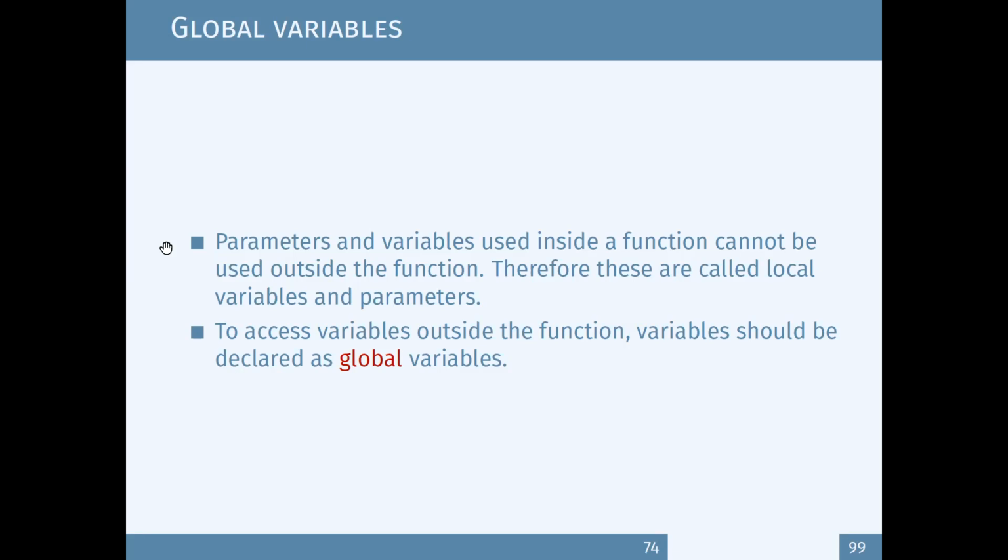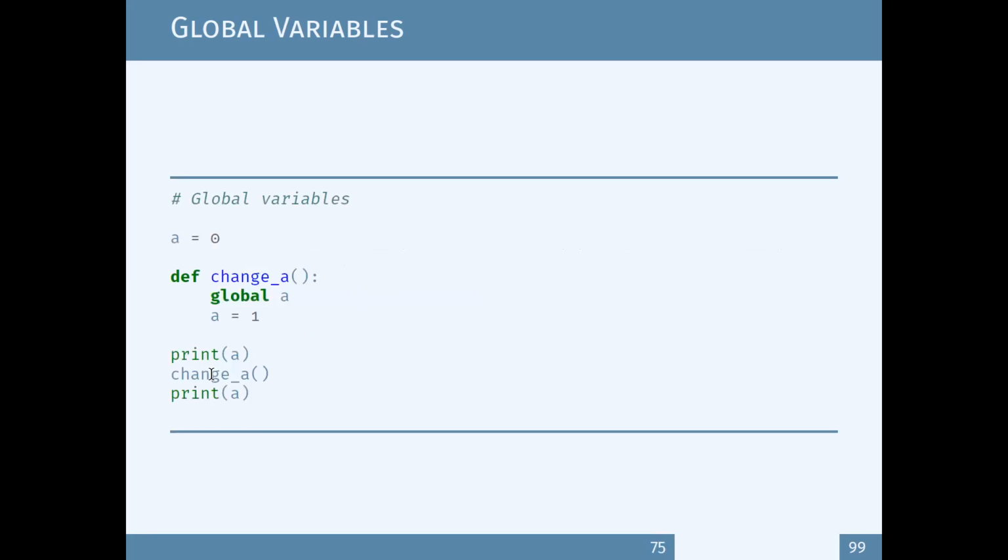Since we cannot use the variables we created within the function, we have to use the keyword global in Python to access the variable outside the function. When you want to access the value outside the function, make a note that we have to define it as global.